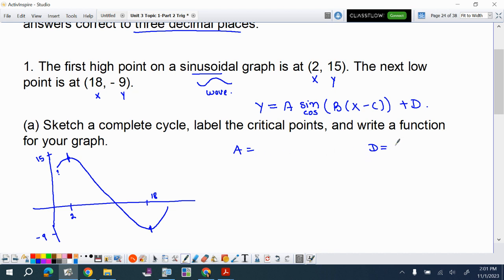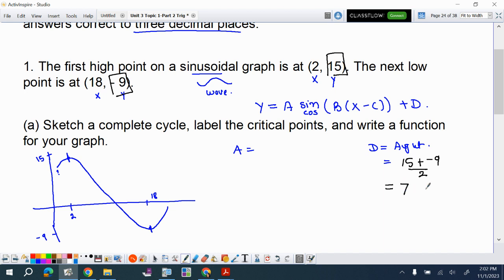Think of D as the average height. How do you find the average of anything? A and D involve the y values, so 15 and negative 9. Average height is you add 15 plus negative 9 and divide by 2. So 15 plus negative 9, so 14.